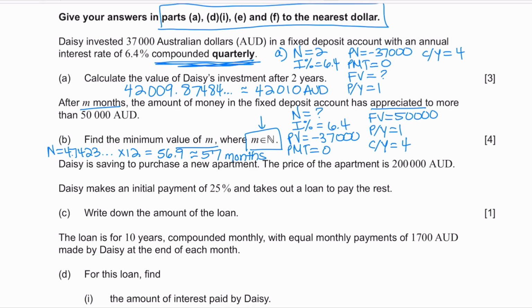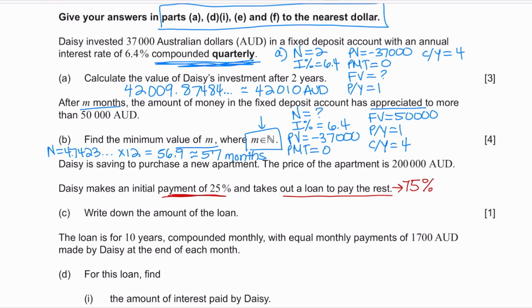Daisy is saving to purchase a new apartment. The price of the apartment is 200,000 Australian dollars. Daisy makes an initial payment of 25% and takes out a loan to pay the rest. Write down the amount of the loan. So there's 2 ways you can do this. Number 1, if she puts a down payment of 25% and takes out a loan for the rest, that means that she has taken out a loan for 75%, okay?